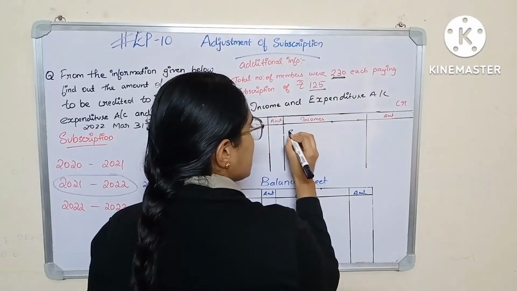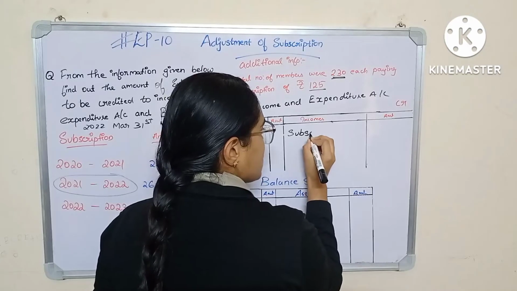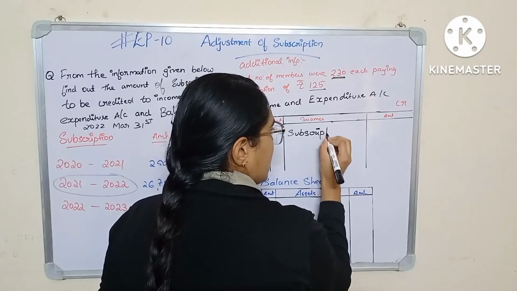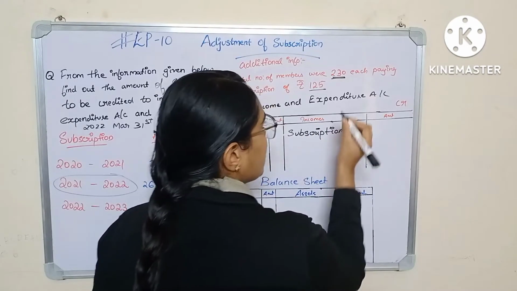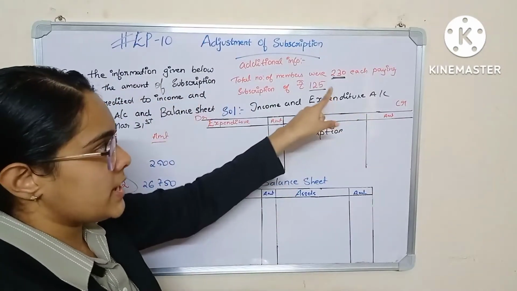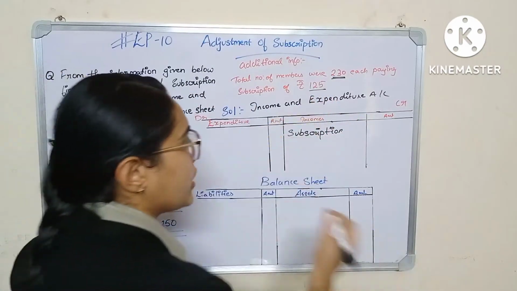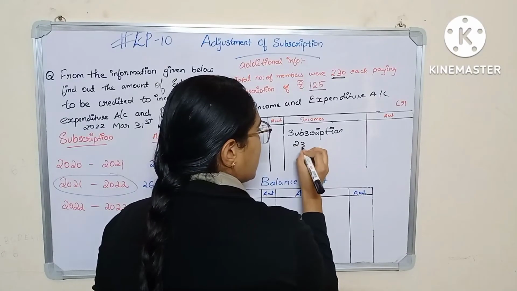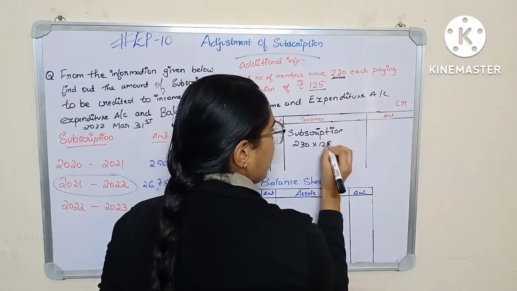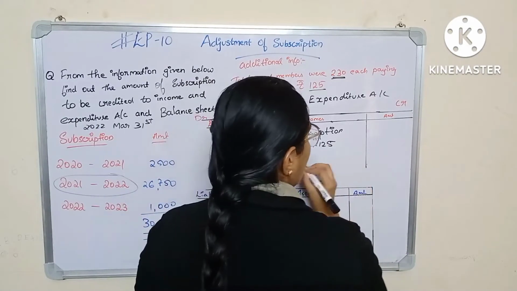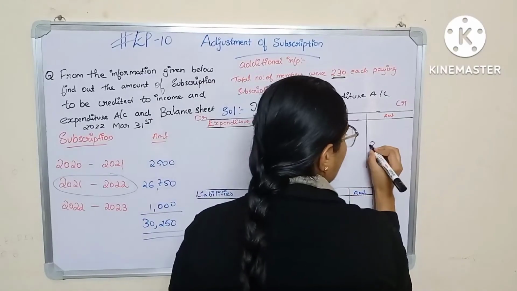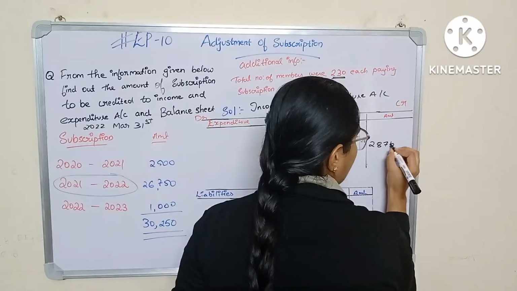So how much will it be? There are 230 members, each paying subscription of 125, so you can directly write 230 into 125. Multiplying this, you will get 28,750.